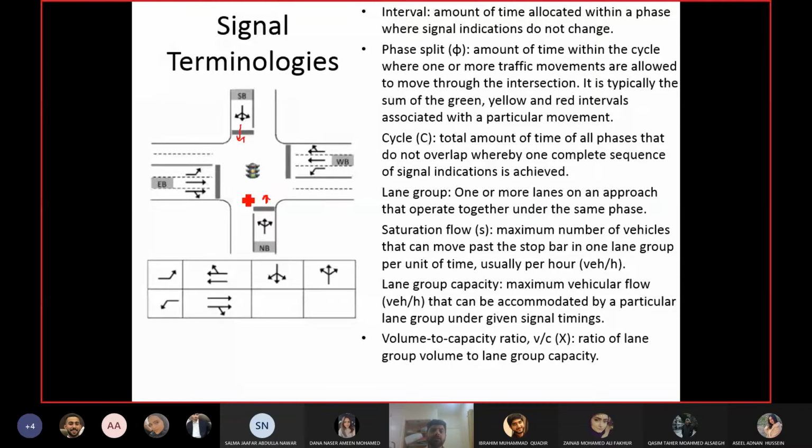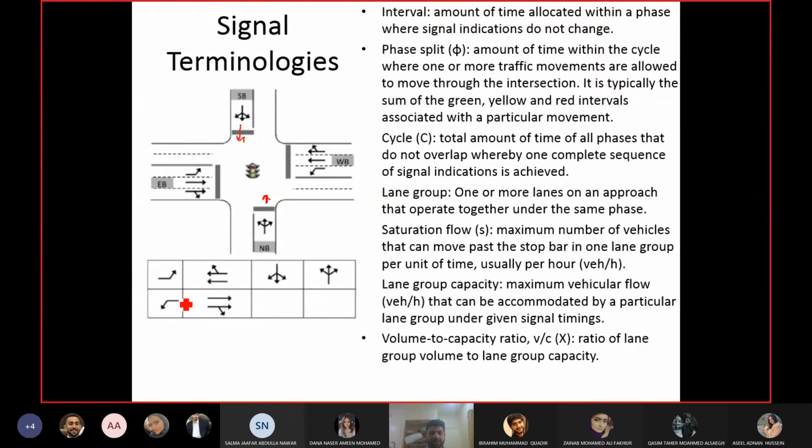So this is a new interval now. Although this one is not changing, the other side has changed. So whenever you have any change in signal indication from any side, that's the start of a new interval.